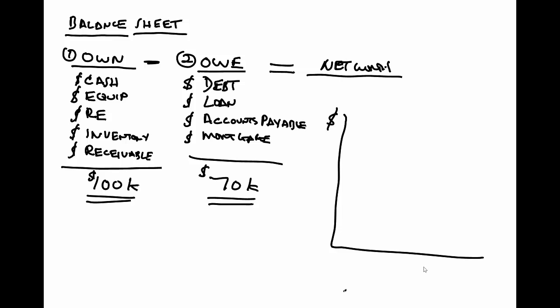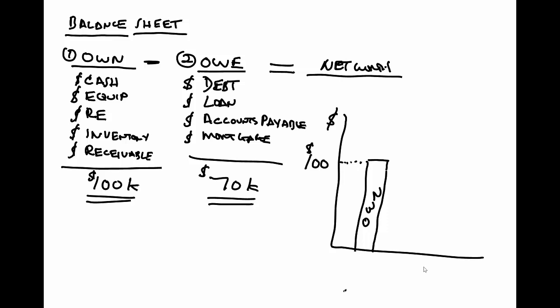And first thing I'm going to draw is a little bar chart, a little bar here, or a column, and this is what we own. All right, so imagine that if I bring that over here, in our example, what we own is $100,000.